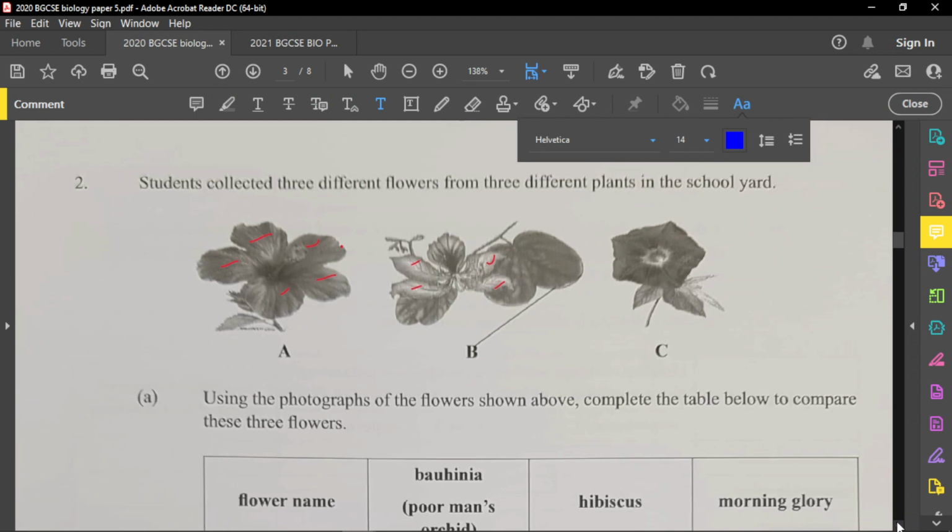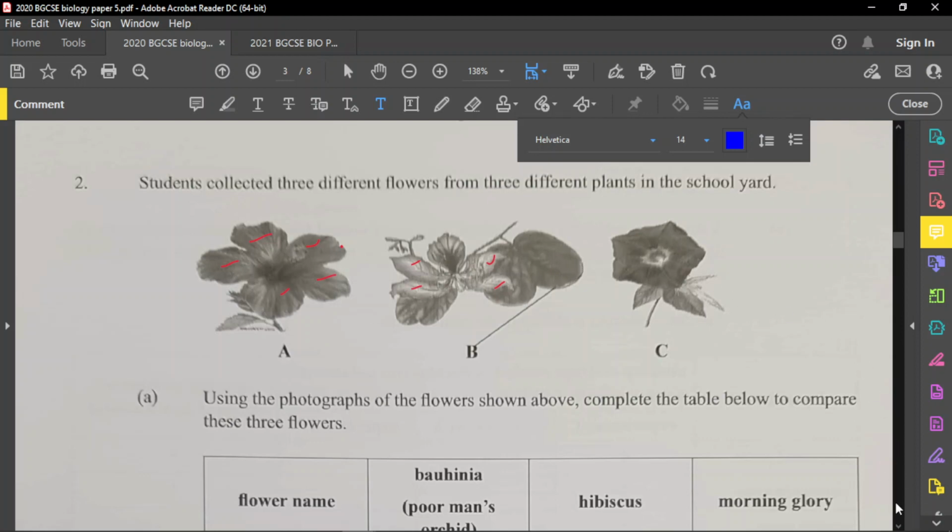And of course, how close the petals are. For morning glory, the petals are really close. They are joined together technically almost, or overlapping really close. The pores monarchid, the petals are really far apart. And for the hibiscus, the petals are slightly separated, slightly apart.